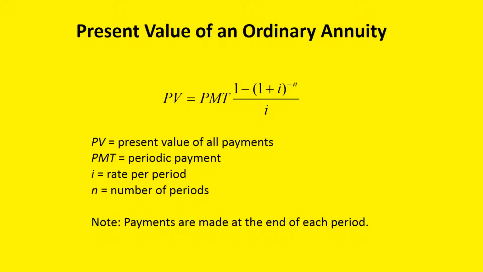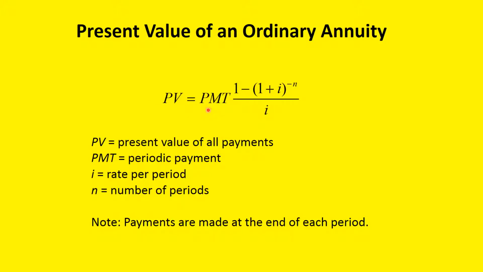So here's our formula, and PV, present value of all payments. If you added P1, P2, P3, P4, P5, P6, P7, P8, that would be this PV here.